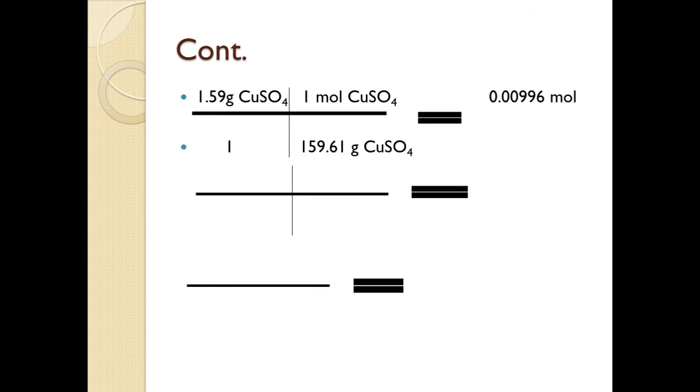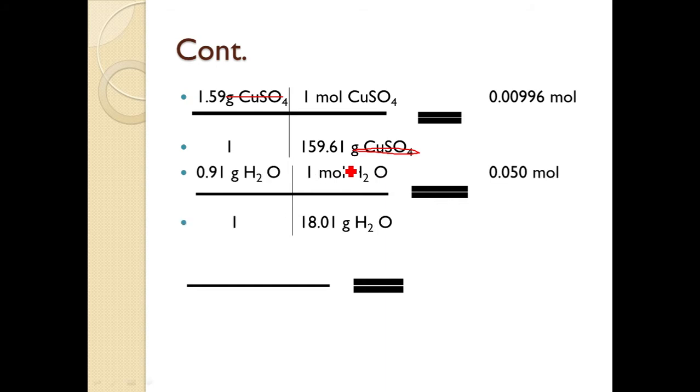As you fill out your factor label box, 1.59 grams of copper 2 sulfate will go in the top left. The molar mass, 159.61 grams of copper 2 sulfate, goes there. That allows you to cross off and eliminate that unit. Divide 1.59 by 159.61 and you get 0.00996 moles of copper 2 sulfate.